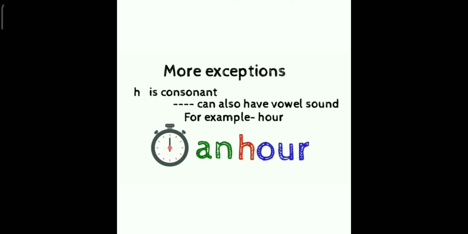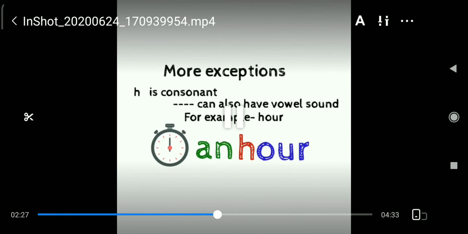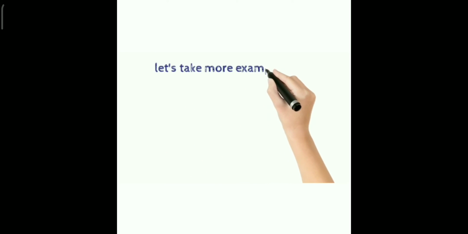So we will say an hour, not a hour. A hour is wrong. It is an hour. Right, students? So you have to know the right pronunciation also to decide a or an.